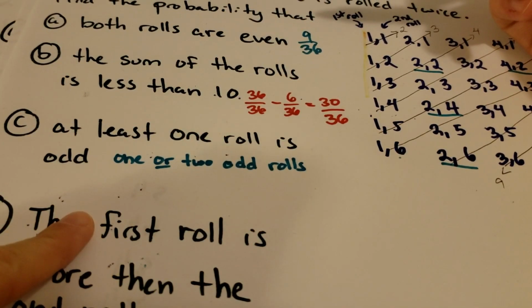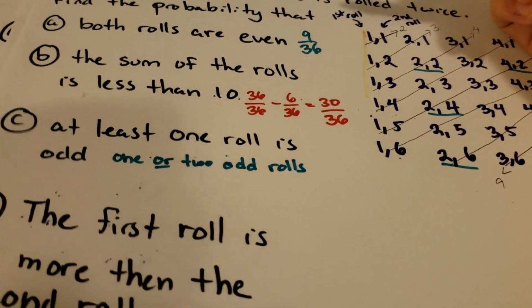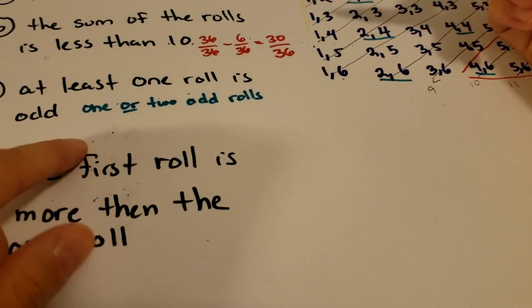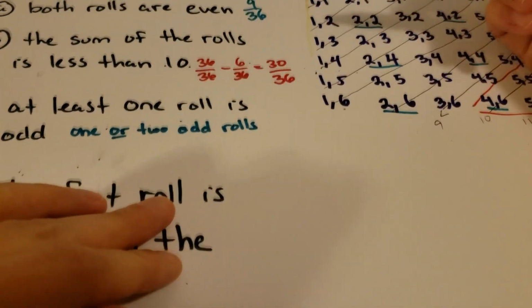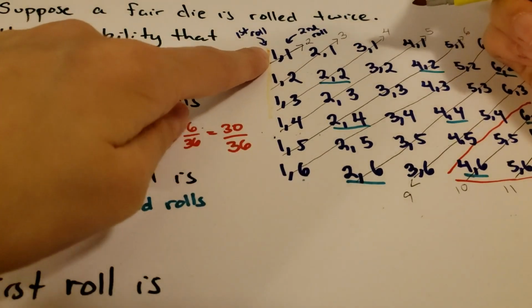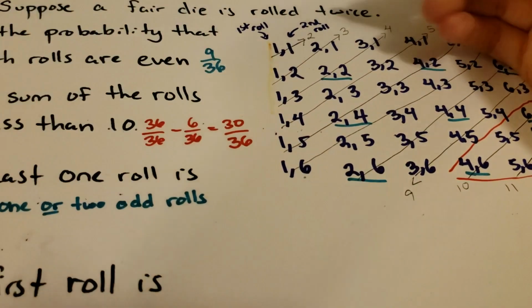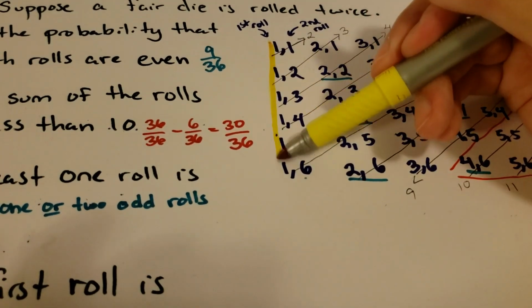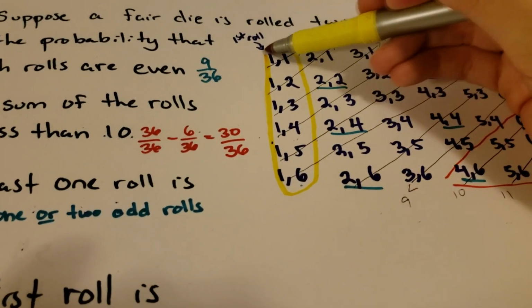So we're looking to see that at least one roll is odd. That means either one roll is odd or both of the rolls are odd, meaning 2 of them are odd. So if we look over here, if 1 is our first roll, obviously that meets the requirement of 1 or 2 of them.